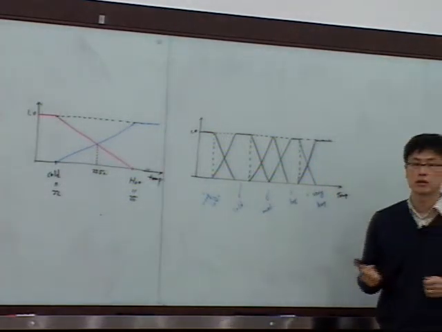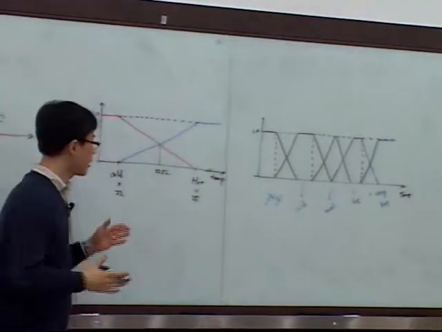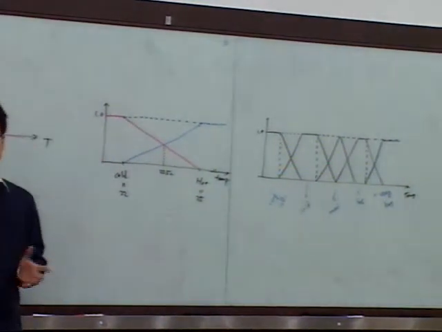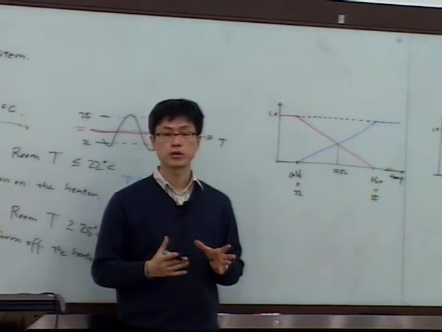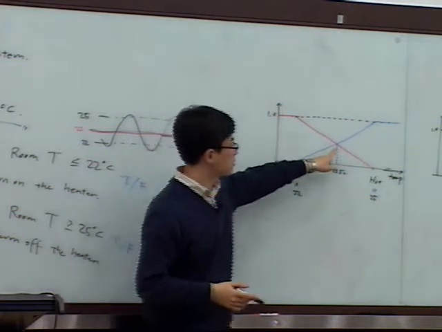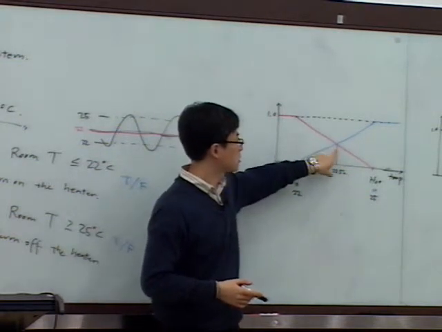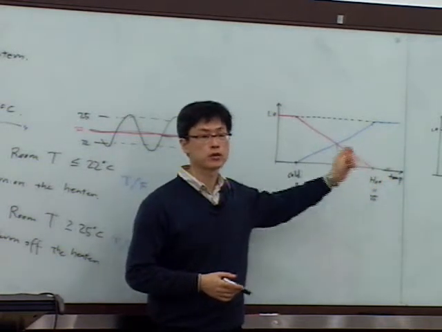And also the membership value should always sum to 1.0. The reason? We said percent. How much this statement is true. So the summation should always be 100%. Okay? So the blue value plus the red value at any point should be 1.0.